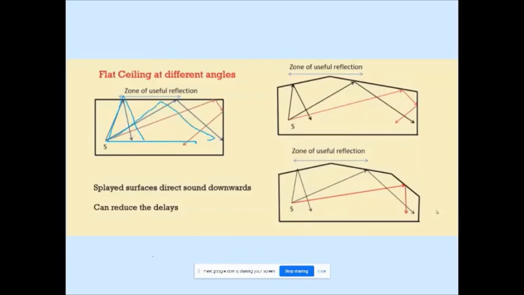But this red one is a long reflection, longer than this one.